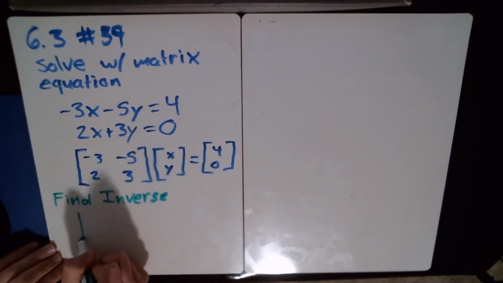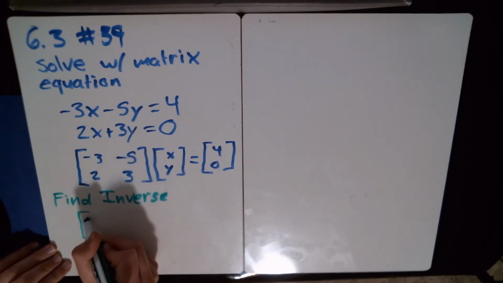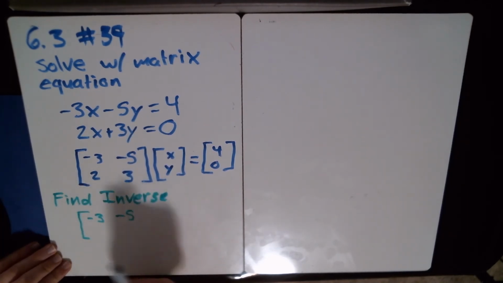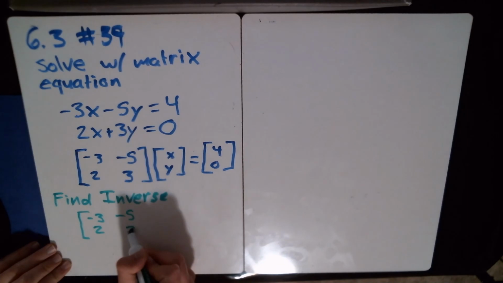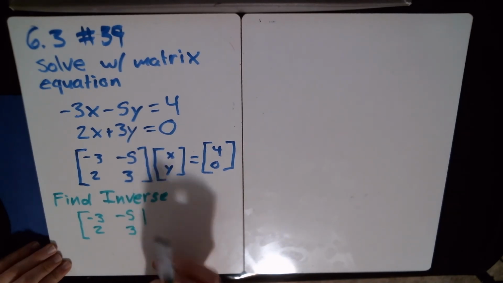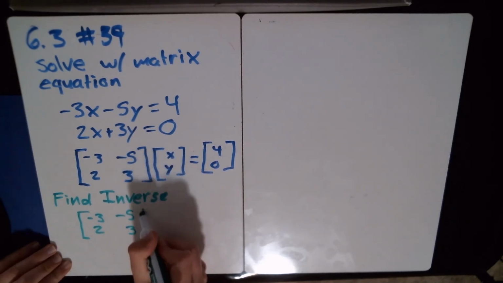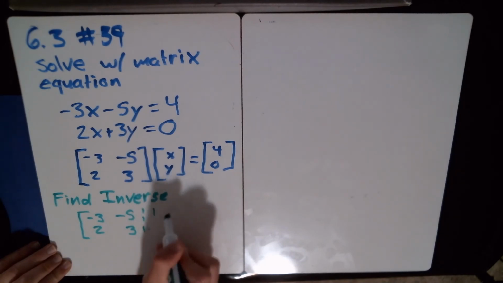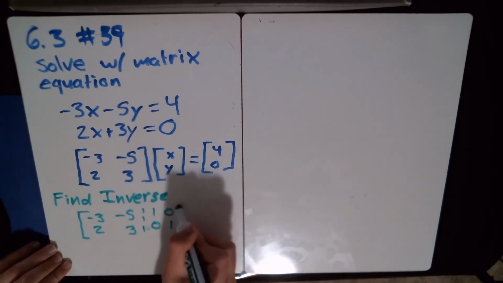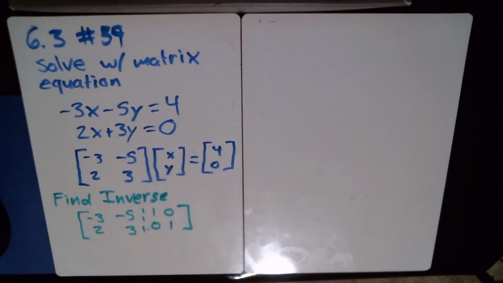And remember how we do that is we put in the matrix with the identity matrix on one side of it, okay?